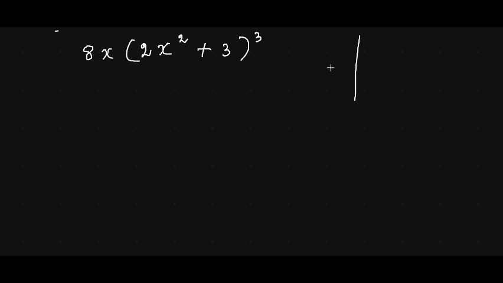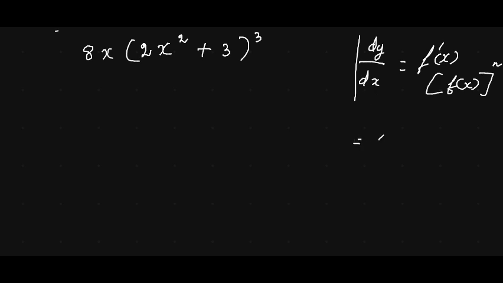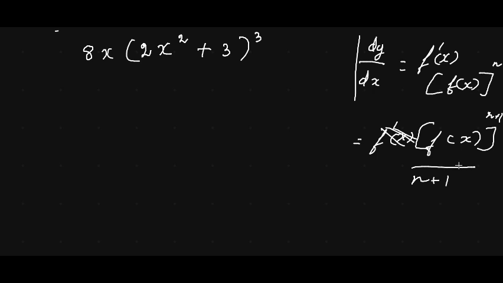The rule is that if dy by dx equals f prime of x multiplied by f of x the whole power n, then that is equal to f of x the whole power of n plus 1, divided by n plus 1, plus c. Okay, so that's one formula.